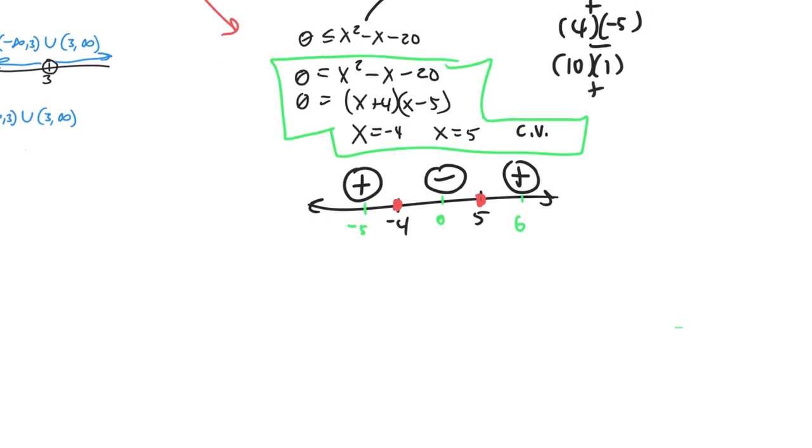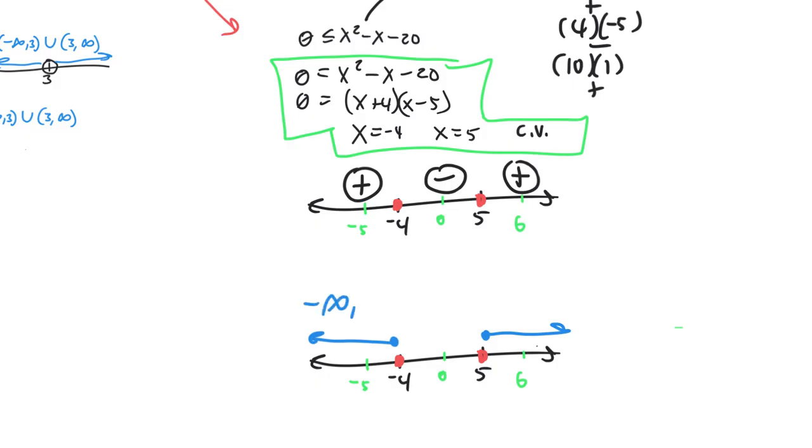So hopefully my student is seeing that we are therefore only going to graph, with regards to arrows, those areas where there is a plus sign. So where are those areas? Those areas, of course, are here and here. So using interval notation, we're looking at negative infinity to negative 4.